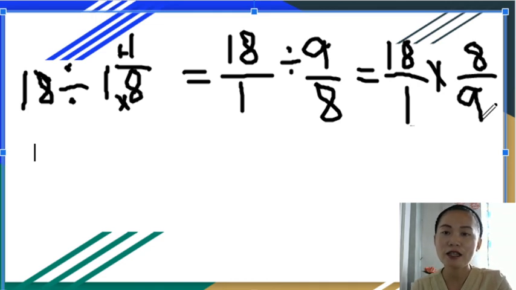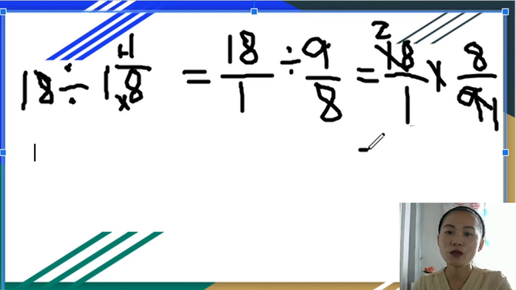If not, you're going to multiply numerator and then denominator. So, let's see. 9 is divisible into 18. If we do the skip counting, 9, 18, so pwede. 9 divided by 9 is 1. 18 divided by 9 is 2. And then, we're now ready to multiply.